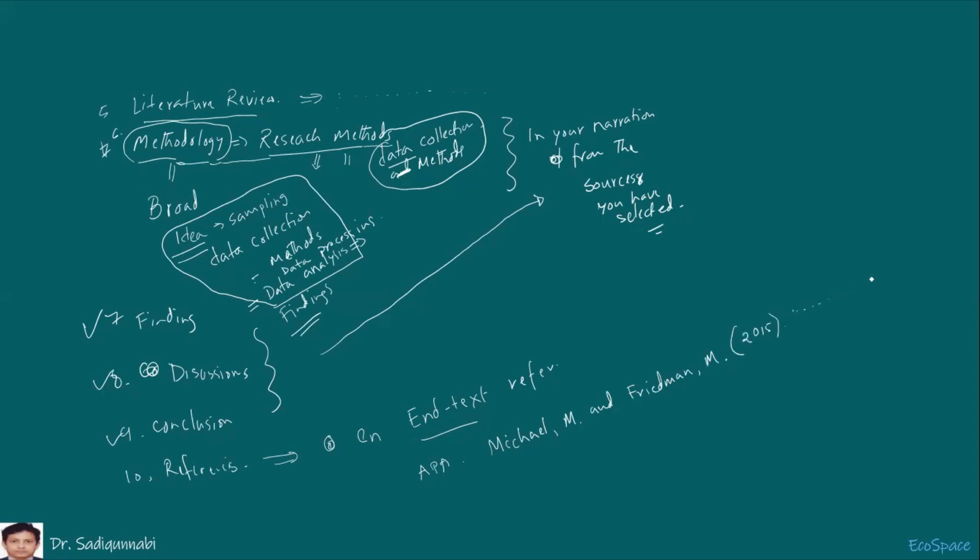So title of the paper, and then comma, then name of the journal, comma, and publishing house, suppose Sage Publication. Then stop.